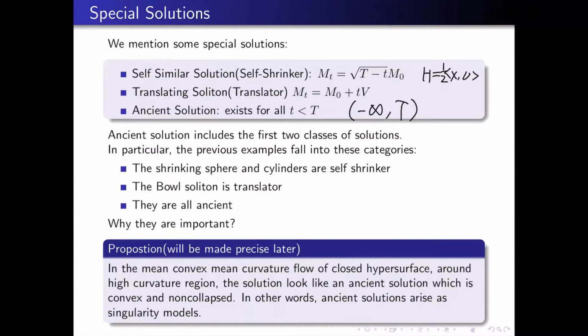That's because of an important result, which roughly says that the singularity is modeled on an ancient solution. And this ancient solution actually satisfies that it is convex and non-collapsed. We will make these statements more precise after some definitions.